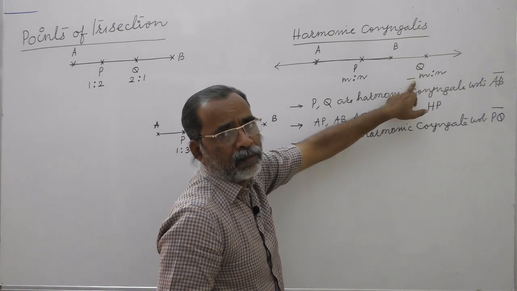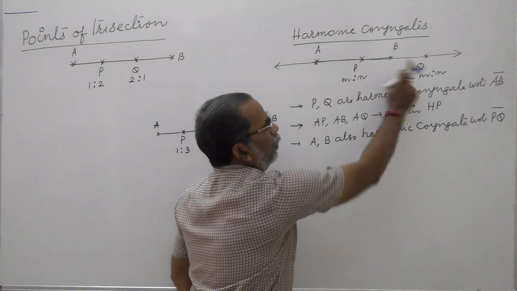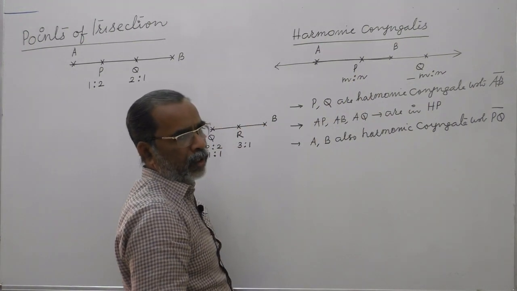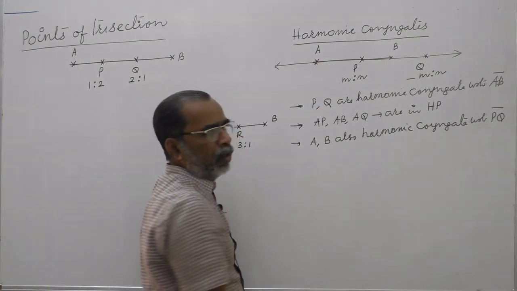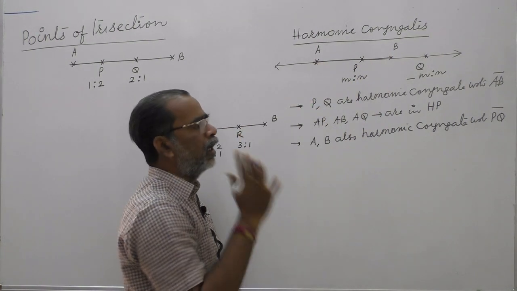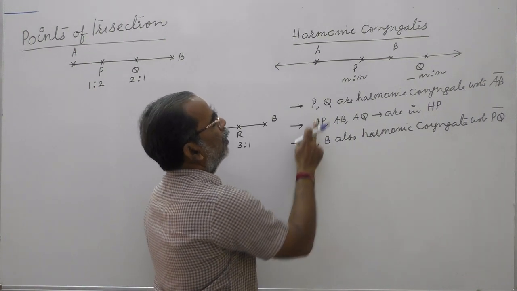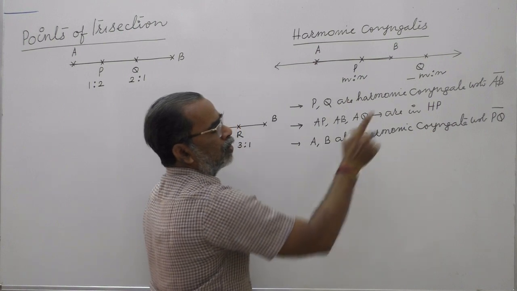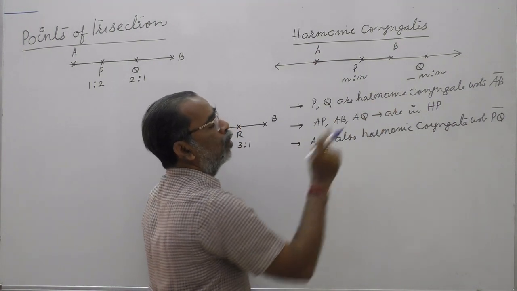Minus stands for external division. Yes, the points P and Q which are harmonic conjugates are dividing AB in the ratio m is to n internally and externally.